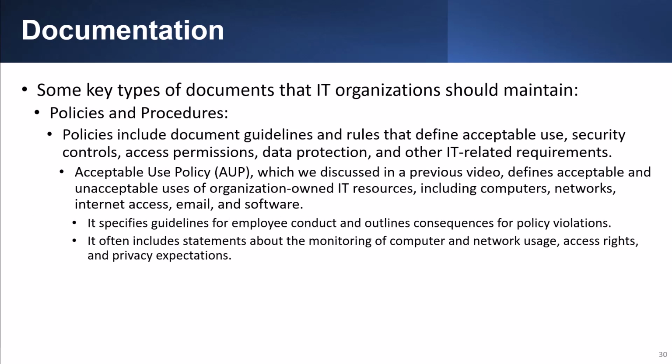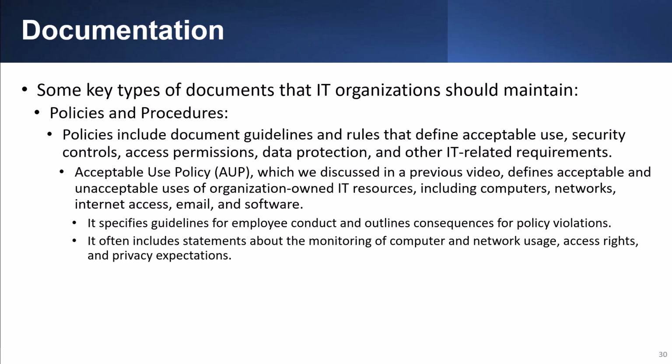Some key types of documents that IT organizations should maintain are policies and procedures. Policies include documented guidelines and rules that define acceptable use, security controls, access permissions, data protection, and other IT-related requirements.